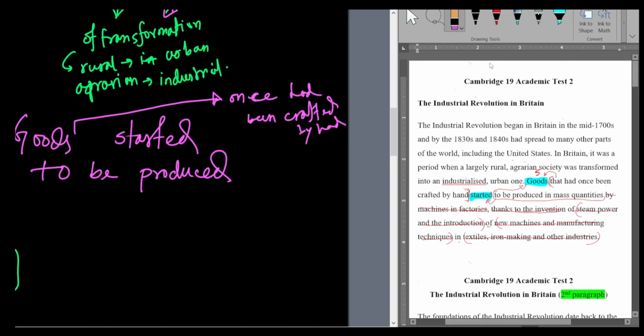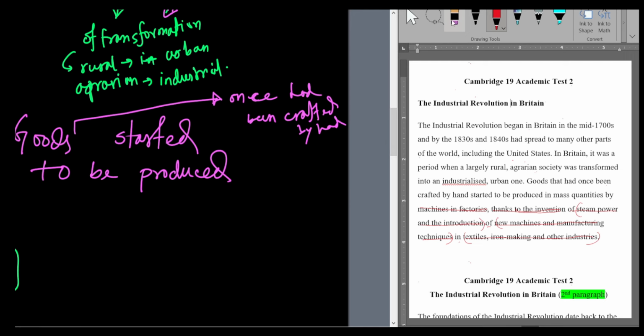And then what we're getting after that: goods that had been once crafted by hand started to be produced. Produced how? Produced in mass quantities. Okay, goods are now produced in mass quantities. Okay, but where?